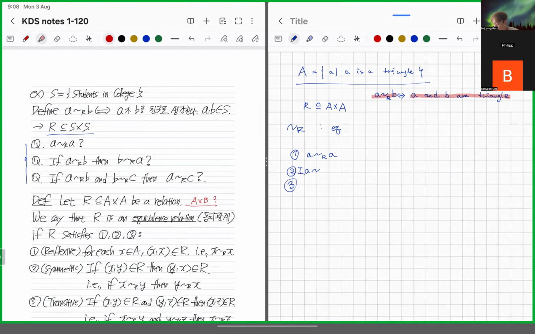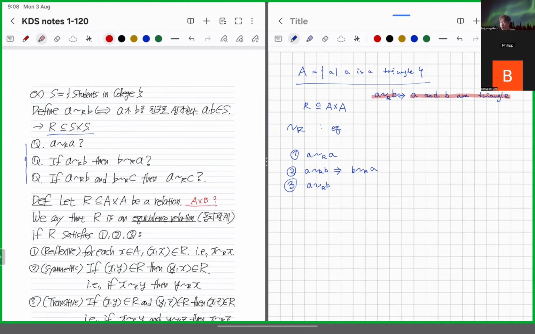If A and B are triangles, then B and A are triangles. And if A, let's say, I think it's very important to note that in the first case you don't need the if, but in the second and the third you need the ifs.